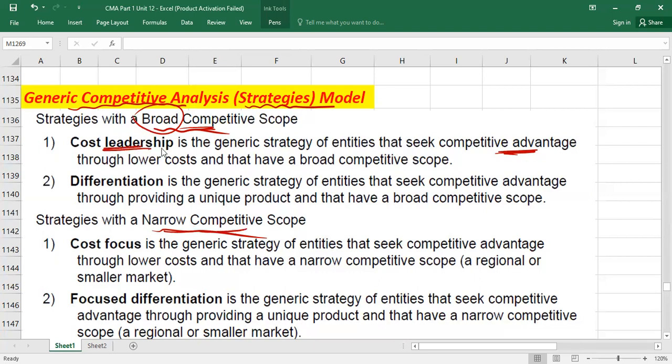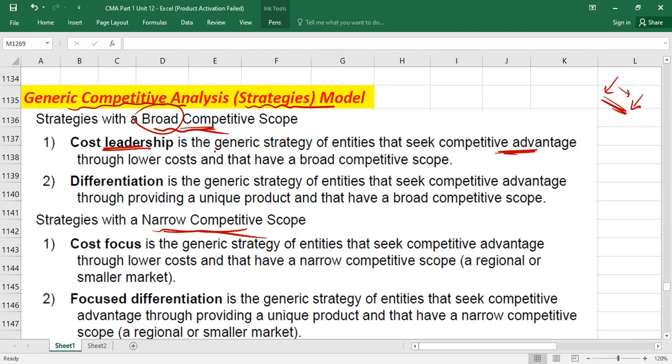One is called cost leadership. What is cost leadership? Here you are trying to defeat your competitors by having a lower cost of your product, because when the cost of the product is low, obviously you will sell at a low price and people will buy more. Some companies use cost leadership, where their product cost is less, due to which they win against their competitors.